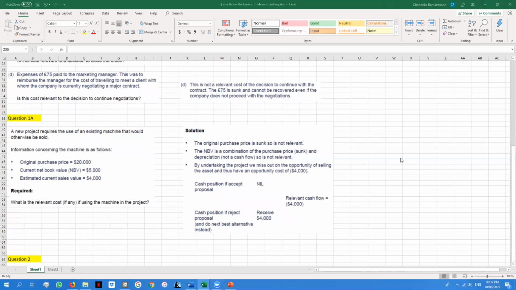The NBV is a combination of the purchase price, sunk, and depreciation, not a cash flow, so clearly that's not relevant. See, you've got to think about this carefully and reason it out.